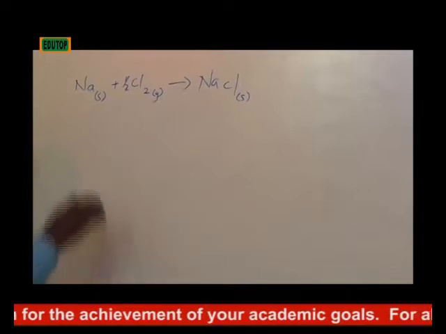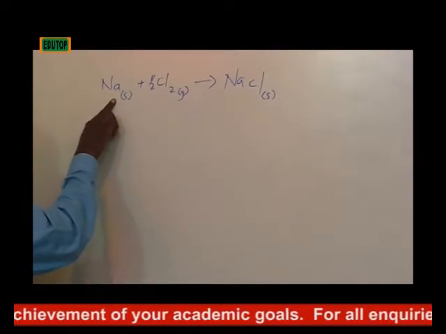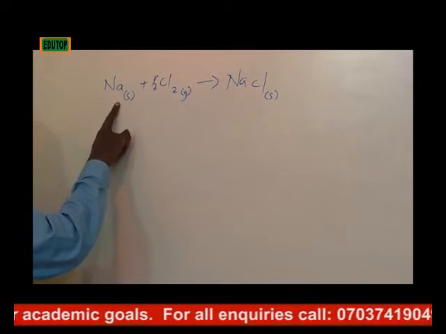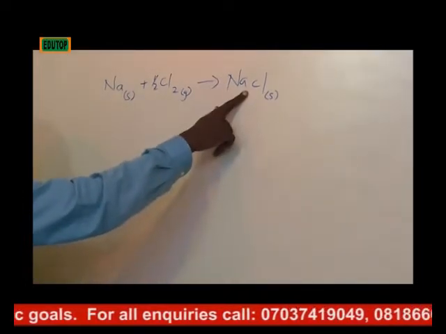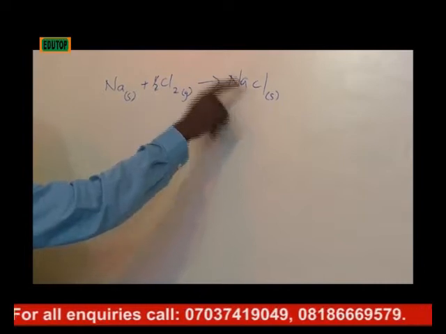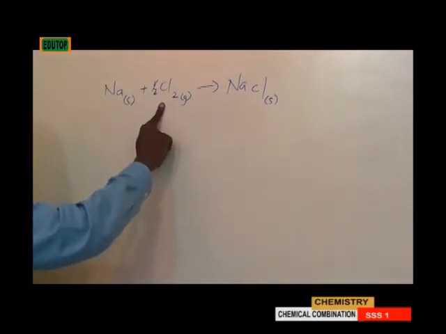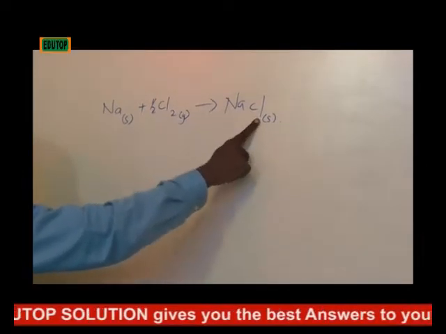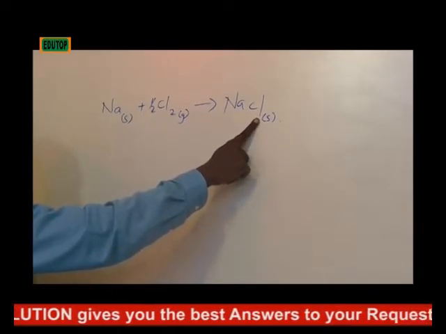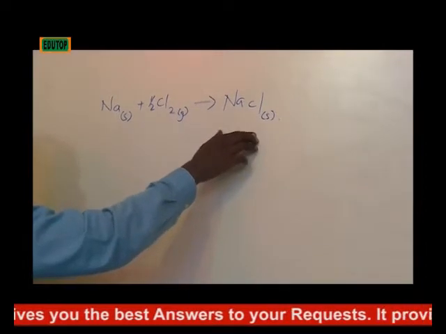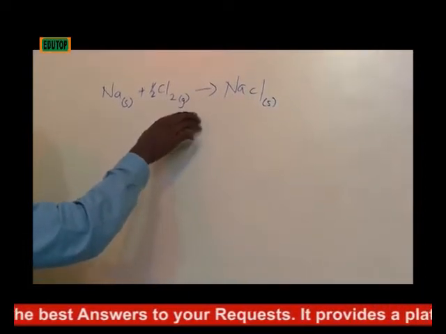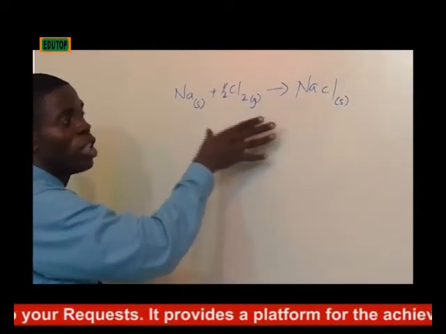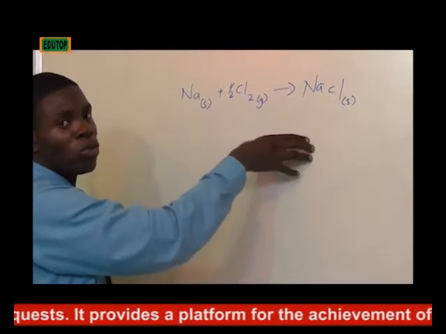Here, sodium is not destroyed because you still have it in the product. Chlorine is not destroyed because you still have it in the product. So this justifies the claim that matter can neither be created nor destroyed, but changes from one form to another.